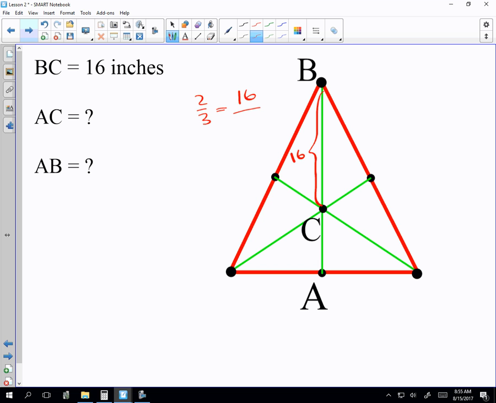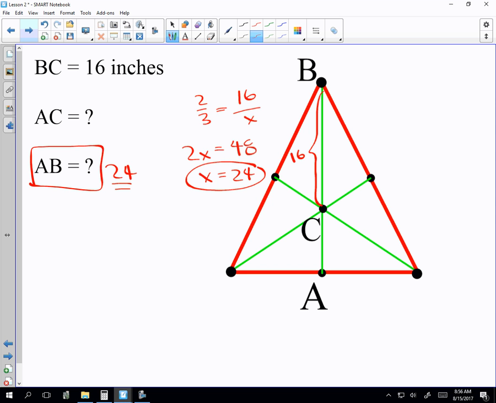And if we want, we can set up a ratio to find the full distance AB. 2/3 is equal to 16 over x, and then we cross multiply. 2x equals 48, and x equals 24. Now, that's one way to find that distance.